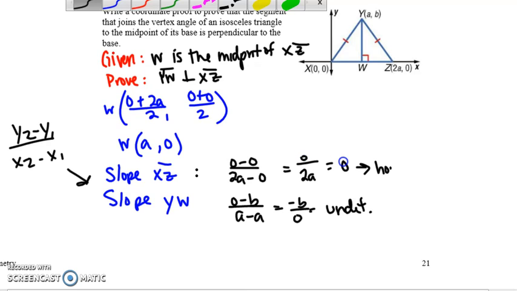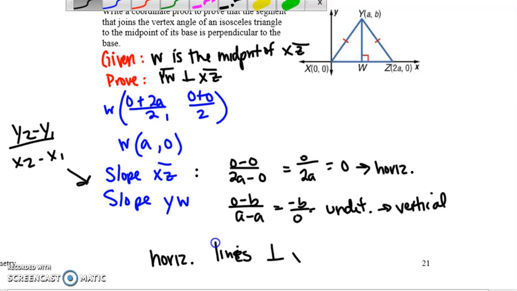So this is horizontal, and this is vertical lines. And we know that horizontal lines are perpendicular to vertical lines. So YW is perpendicular to XZ.